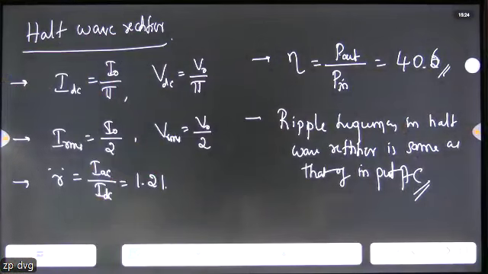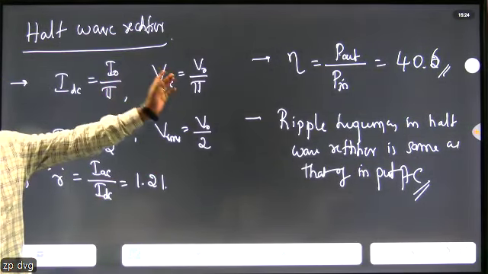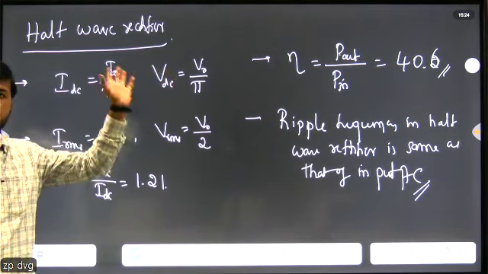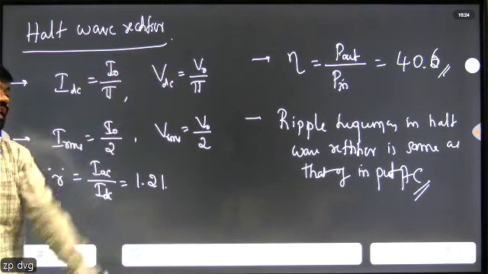So these are the formulas related to what? Half-wave rectifier. As the name indicates, half-wave rectifier only converts half of the input AC into the DC.